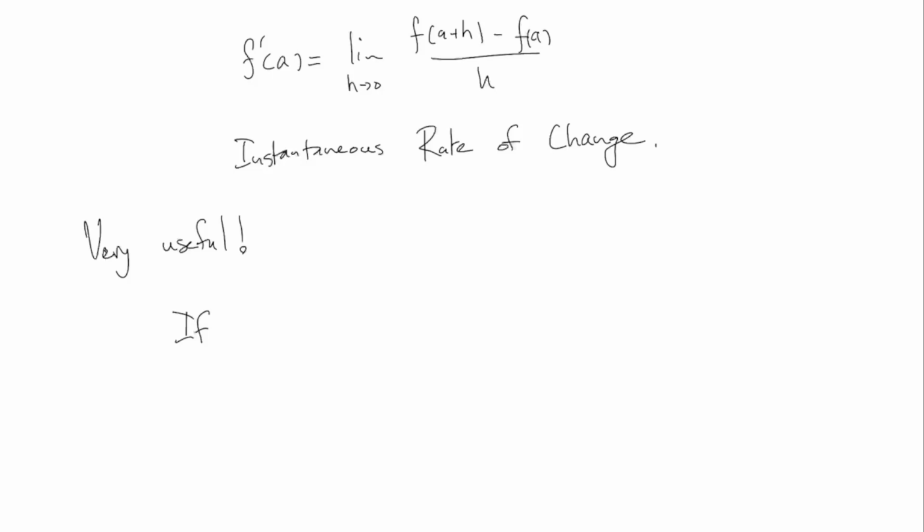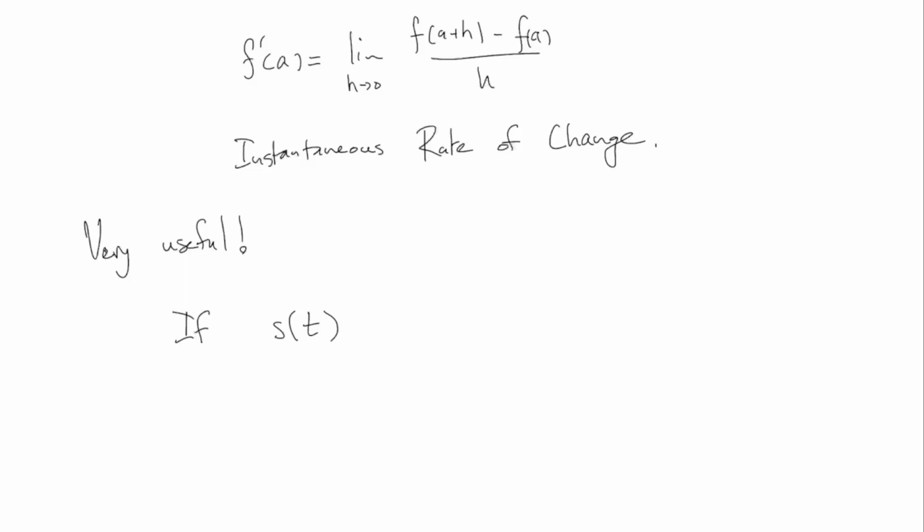For example, if I have a function, this is a physics type example. They usually write this function like this, s of t. The variable is t because it represents time, and s represents distance. I think in physics they don't like to use d for distance because d means other things sometimes.